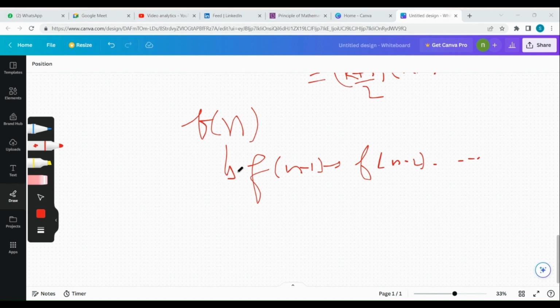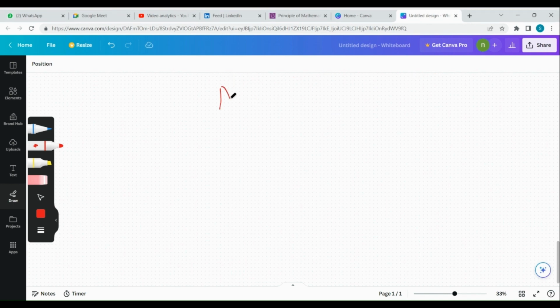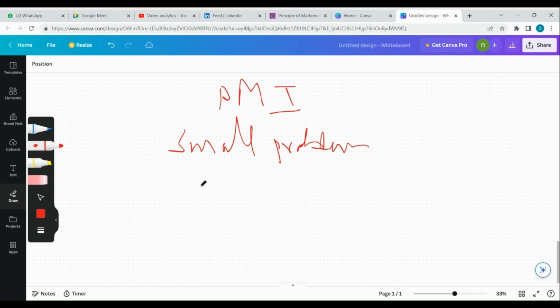So for every recursive problem, you just need to think of the PMI approach. Just solve the small problem. I repeat, just solve the small problem and assume in the recursion hypothesis that the recursion will solve the larger problem.